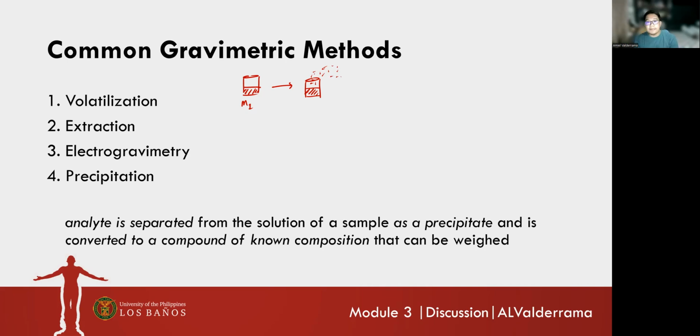The vapor, if you are to collect it, can be weighed as your mass 2. The final weight of your container minus the sample after volatilization will be treated as your mass 3. This mass 2 can serve already as the mass of the analyte.